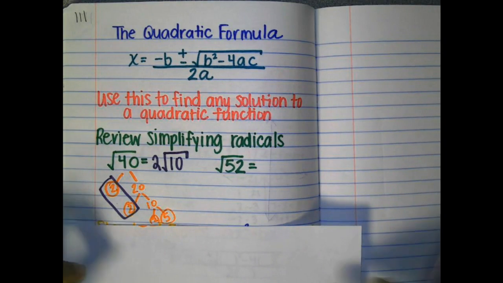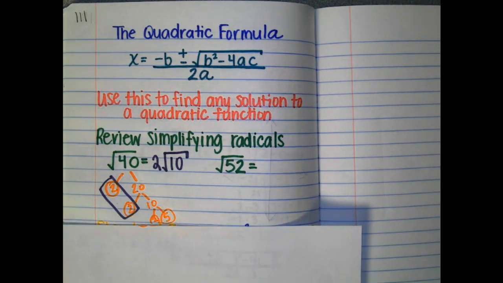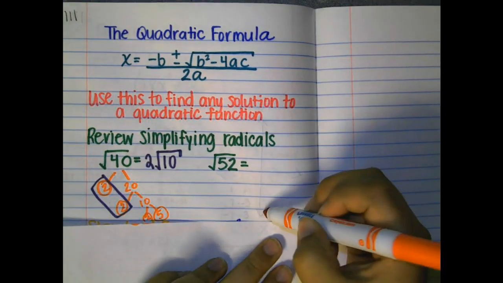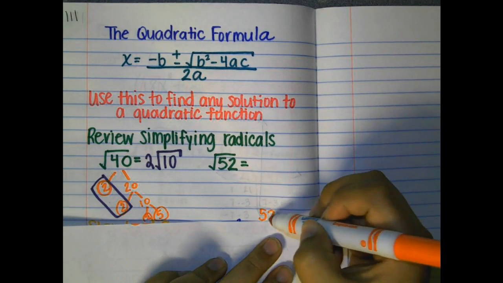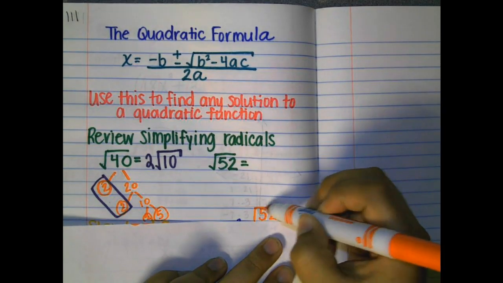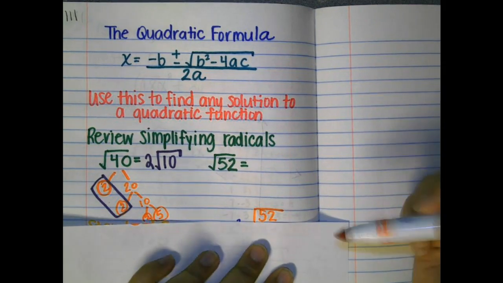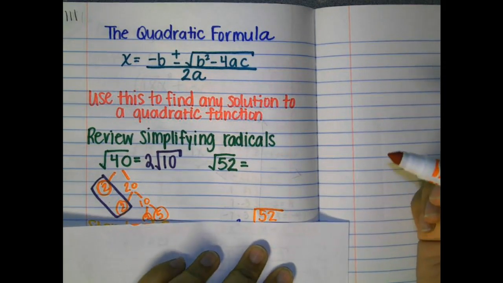Okay, then square root 52. Another method that we looked at was the birthday cake method, where you start at the bottom with the number 52, and then you create layers of a birthday cake. Always try to start dividing by 2.